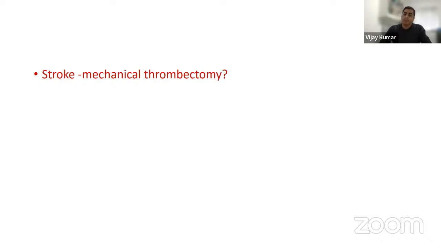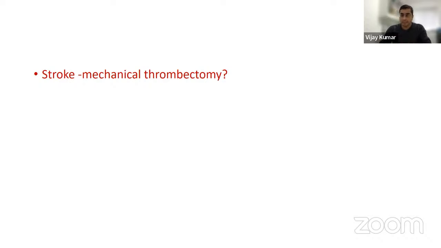What we are doing in our setup is that almost every case is going for a general anesthetic, so we don't wait. The reason is, if we are confused whether to give or not to give, the patient goes into the cath lab, the neuroradiologist is struggling, and then we waste another 5 to 10 minutes.